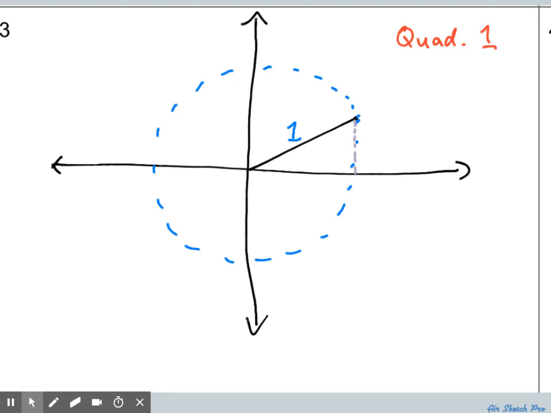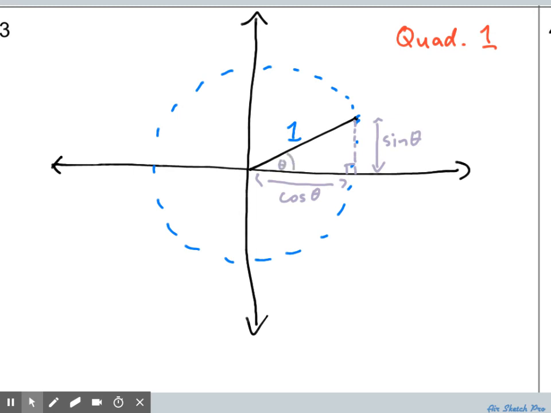If we draw a triangle in quadrant 1, then we can see that sine of theta is going to be this distance here, and cos of theta is going to be this distance here, where theta is this angle in here.